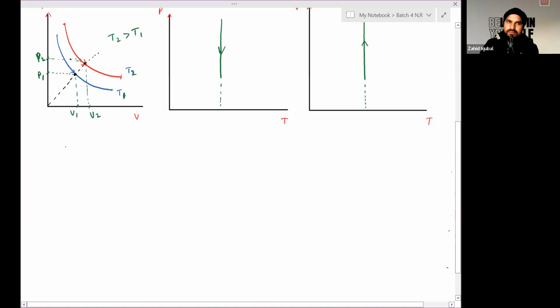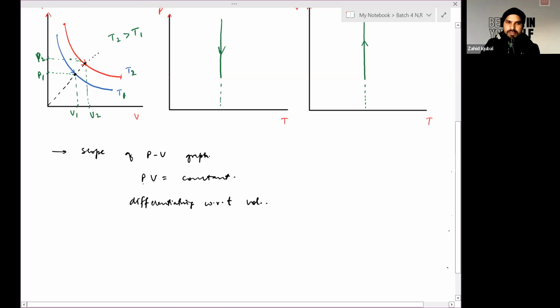Now, for this part, we have to calculate the slope of the PV curve. So first is the slope of the PV graph. Since the equation of state for this is pressure into volume equals constant, differentiating both sides with respect to volume.